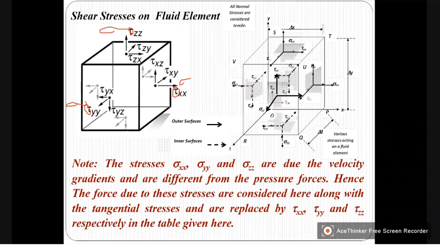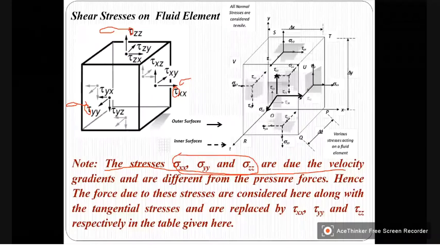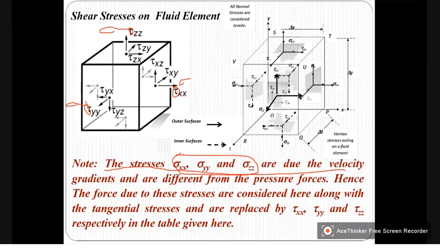See here, the stresses, this is what you have to know. Sigma xx, sigma yy, sigma zz are due to the velocity gradients and are different from the pressure forces. While deriving for the ideal fluid flow case, we had taken sigma xx as the stress and taken it in terms of p.